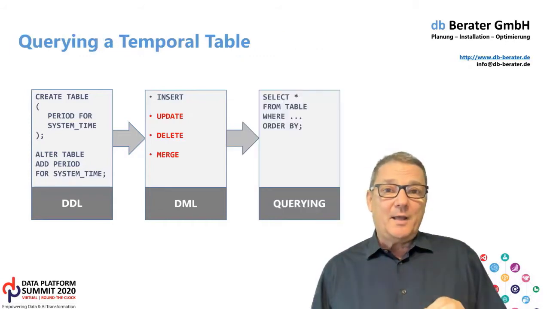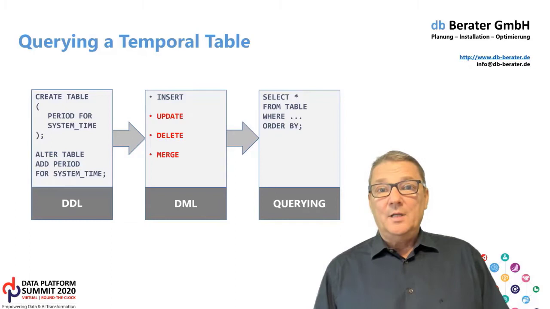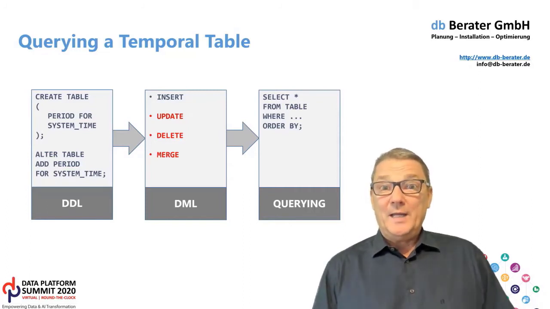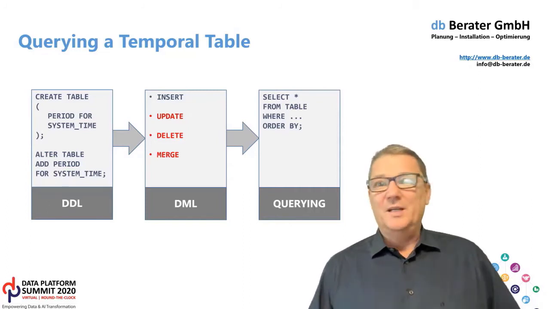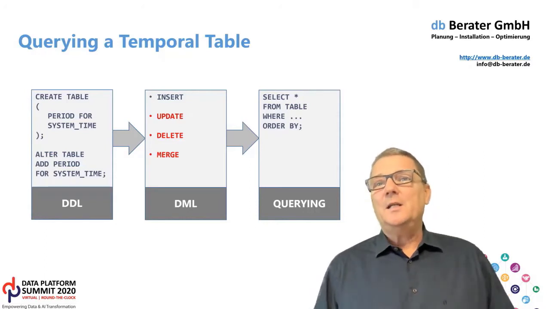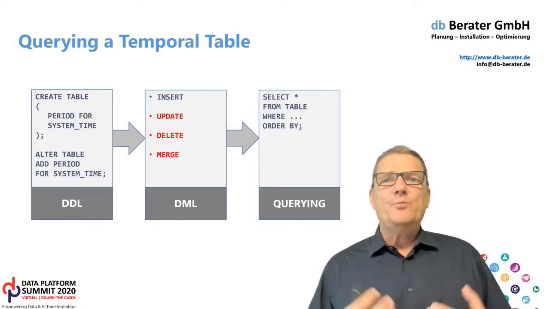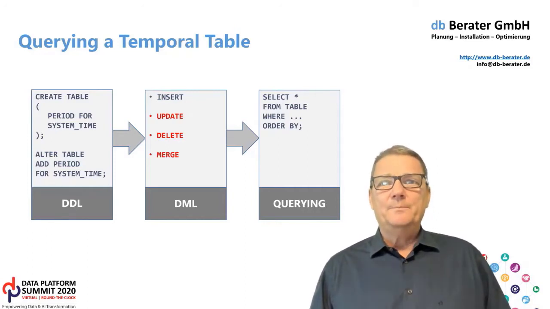If you have an application, let's say a vendor application, and the application is running very well, don't worry about it. It will work the same way as before. Querying the way you know it will work the same. Run a select against a table, run it with a predicate, order by, all this kind of stuff will work as it was before.